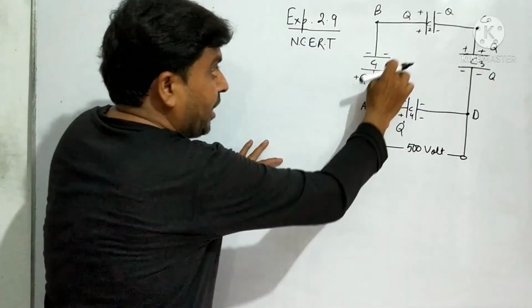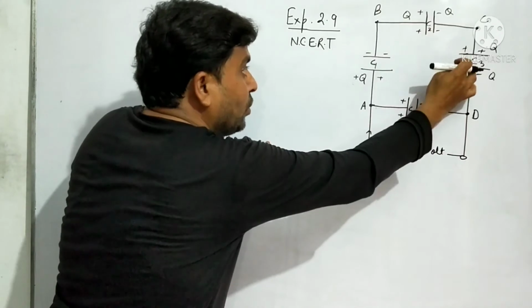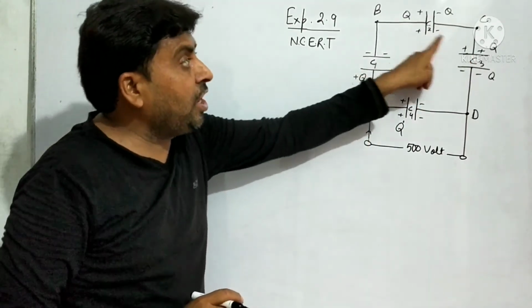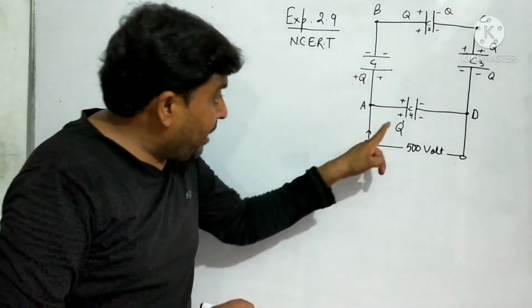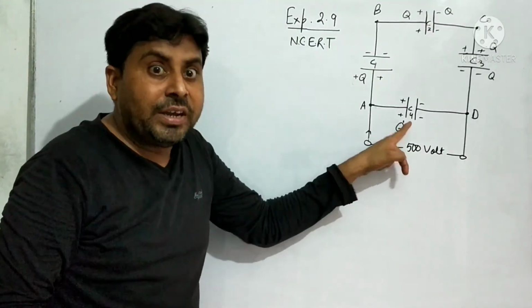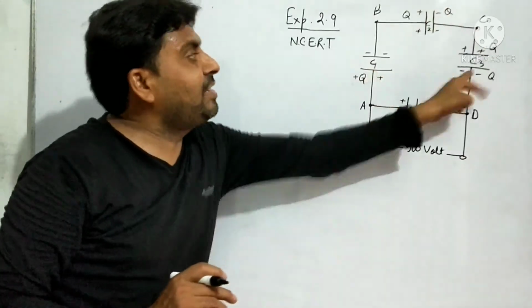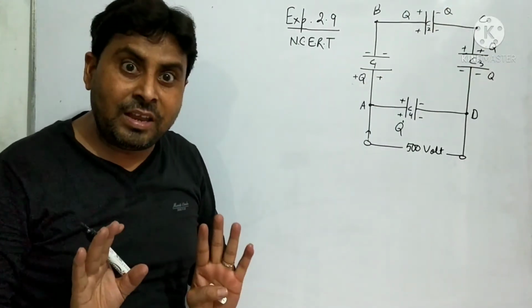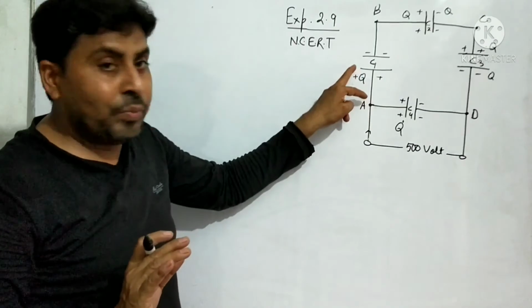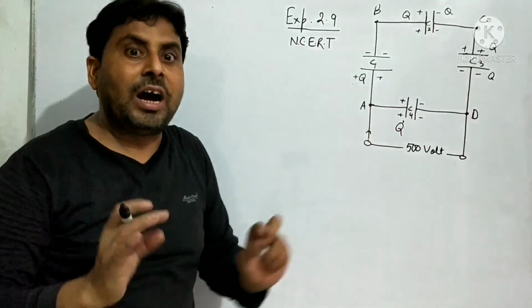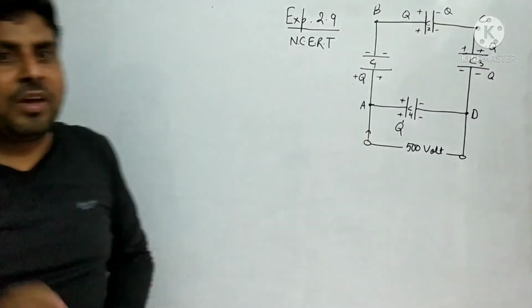So in such a circuit, C1, C2, C3, all 3 capacitors are in series, and the fourth capacitor is connected in parallel with the complete circuit. I will repeat it: C1, C2, C3 are in series and C4 is connected in parallel.